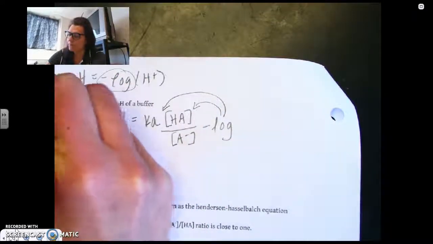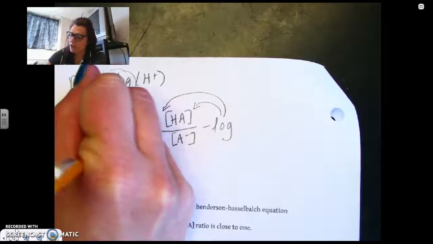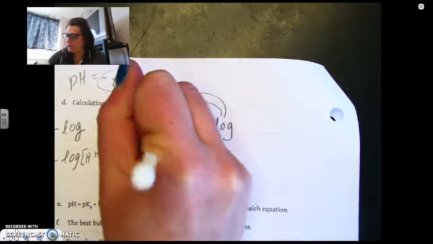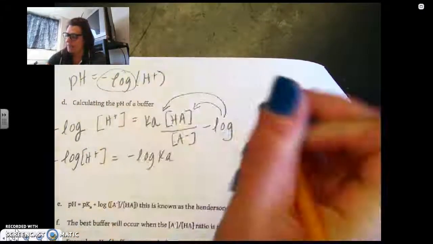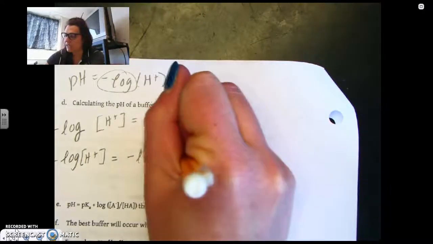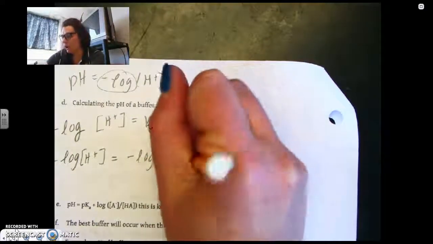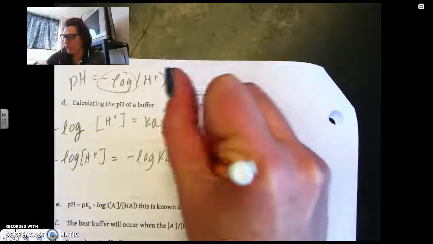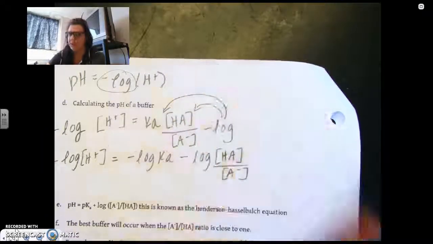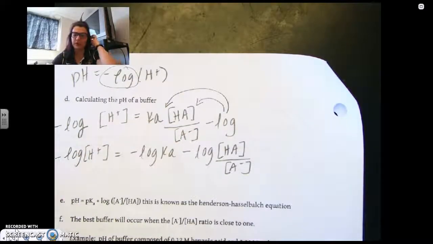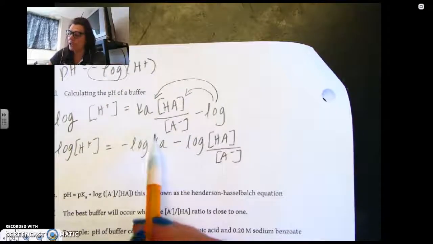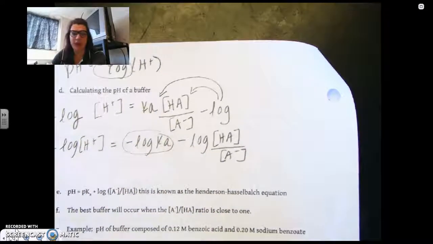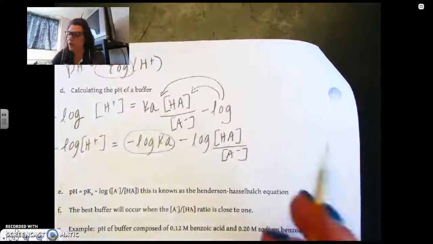So the negative log of H plus is equal to the negative log of Ka minus, or negative, log of HA over the conjugate base. And what you'll realize is that this is the pKa.